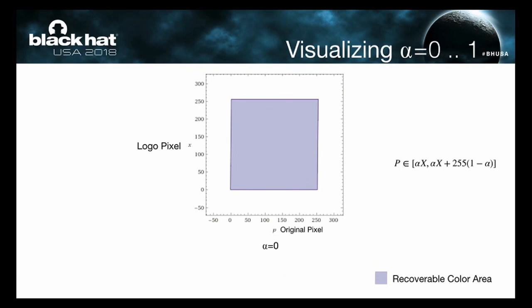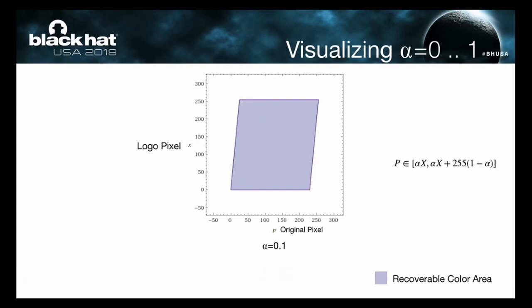If alpha is 0, which is totally transparent, the area means the recoverable color area. If it's totally transparent, you can actually place any logo pixel and recover the original pixel, right? So this is 100% recoverable.